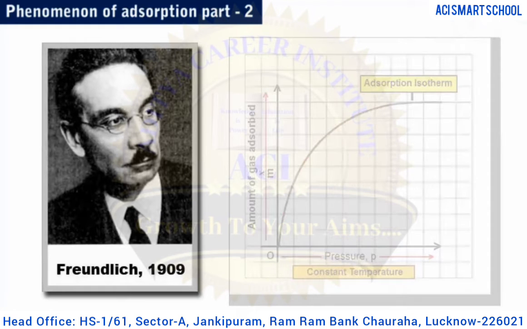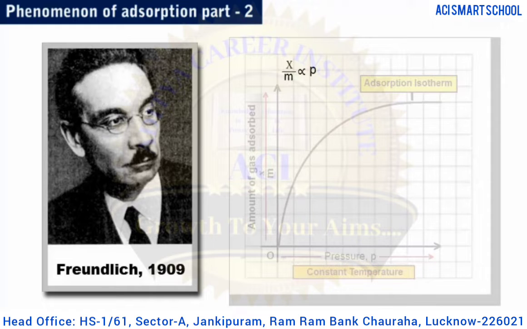Freundlich in 1909 was the first to propose a mathematical relation for an adsorption isotherm. He gave an empirical relationship between the quantity of gas adsorbed by a unit mass of a solid adsorbent and pressure at a particular temperature.